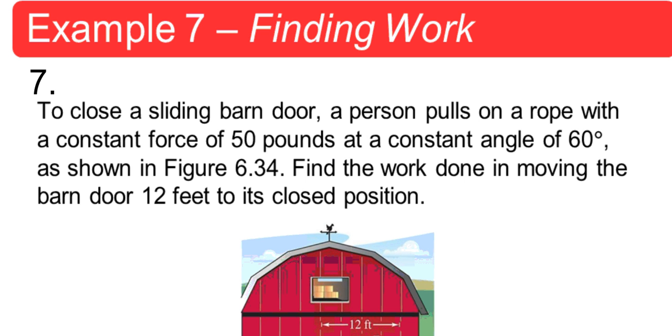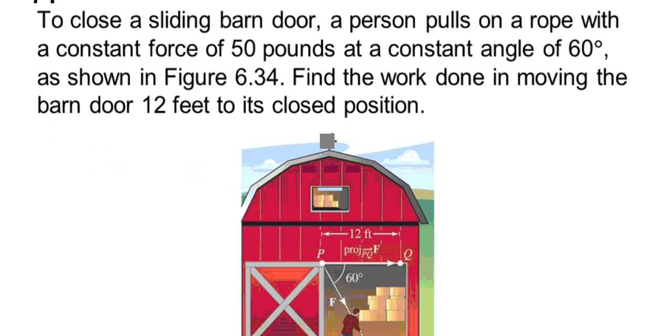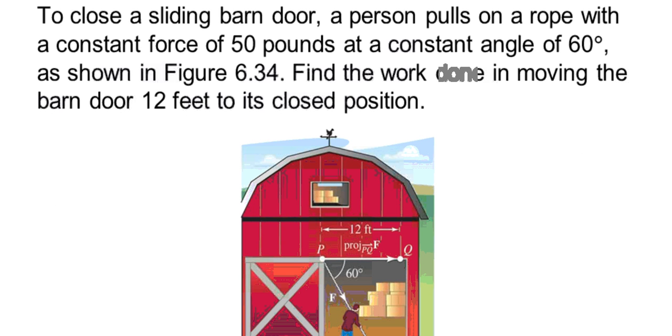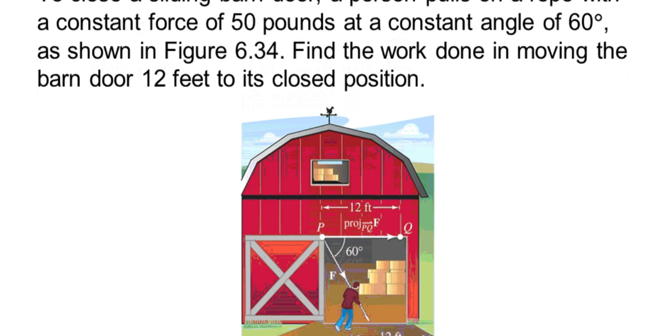And then here is our problem to close. And this is hard to visually see, so I always like to just redraw it. To close a sliding barn door, a person pulls on a rope with a constant force of 50 pounds at a constant angle of 60 degrees. And we are to find the work done in moving the barn door 12 feet to its closed position.